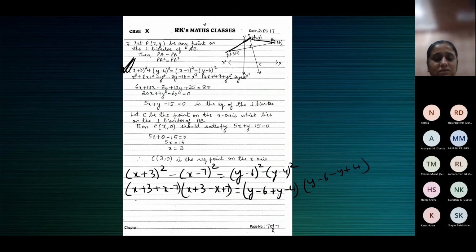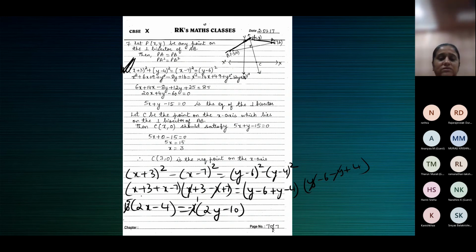So what happens here? You get (2x minus 4) into 10, is equal to (2y minus 10) into minus 2. You can cancel this.